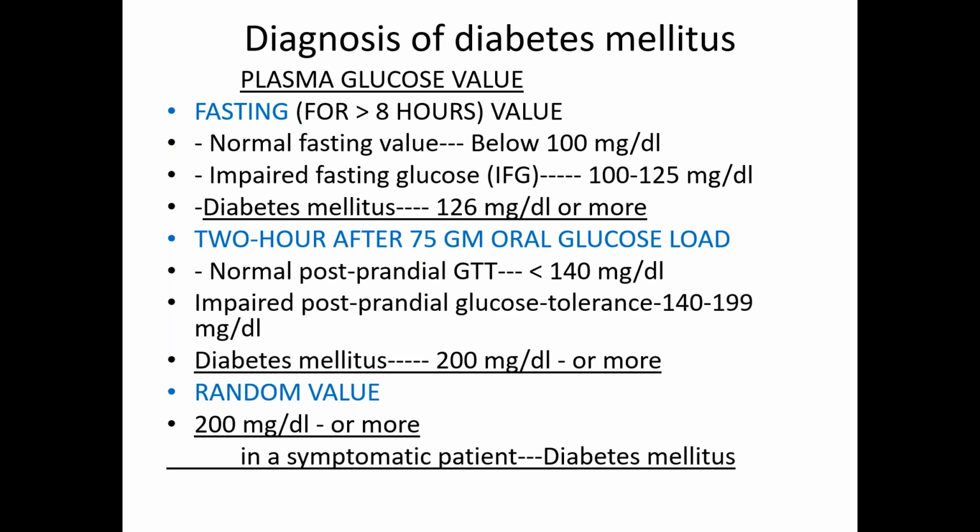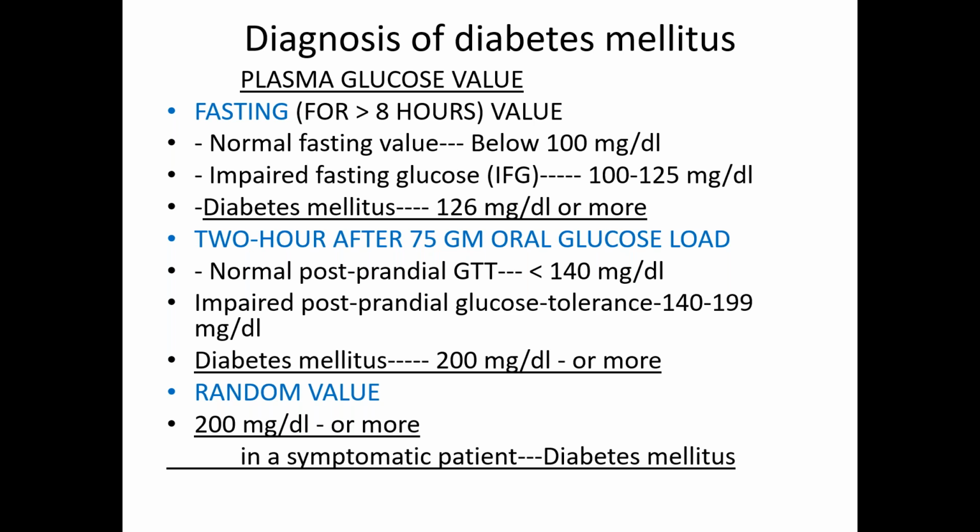In diabetes, the blood glucose is 126 milligrams per deciliter or more. These are the standards given by the American Diabetic Association. This is for fasting blood glucose levels.